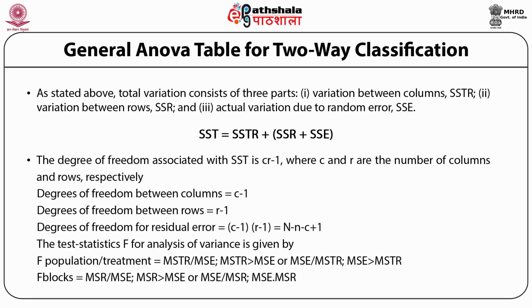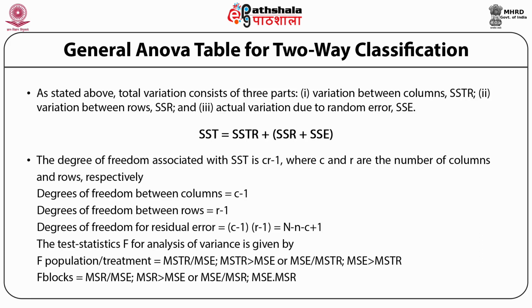In this case, when we have found the F calculated, and based on the degrees of freedom of numerator and denominator, we have found the critical value from the F table: if the F calculated is less than the F table, we accept the null hypothesis H0, otherwise we reject the null hypothesis.